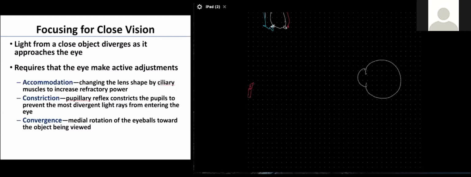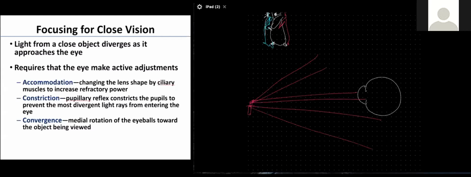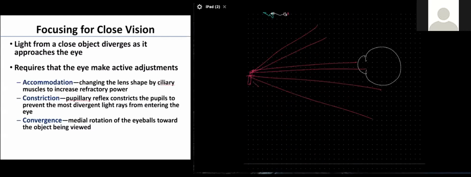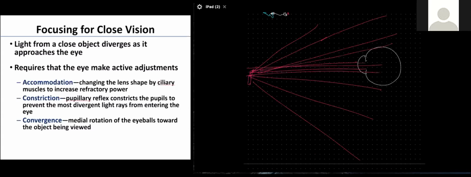This candle is emitting light rays like this. So which light rays are going to be reaching my eye if it was a far object? The ones which are parallel rays.